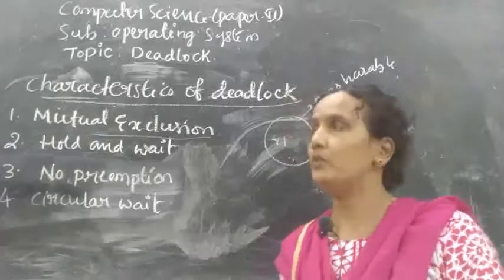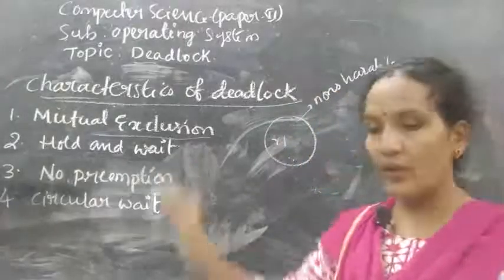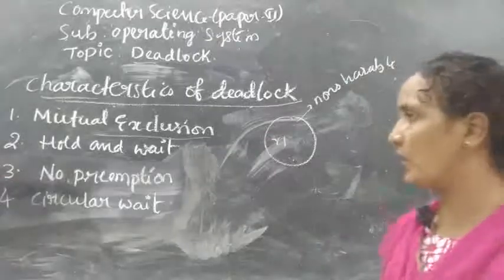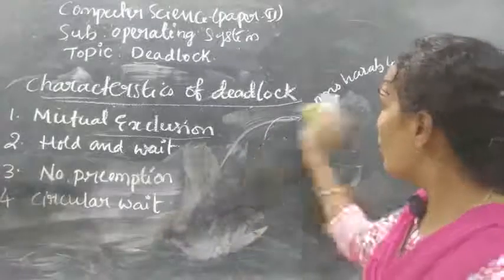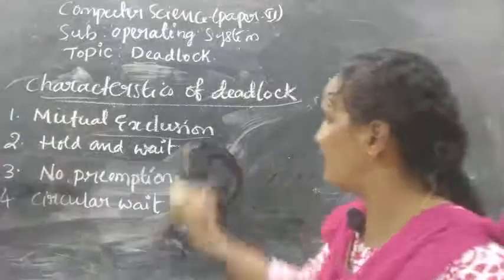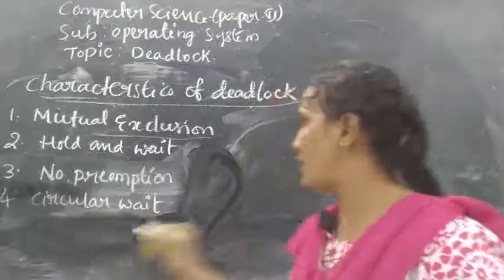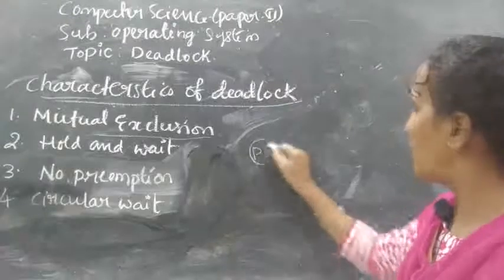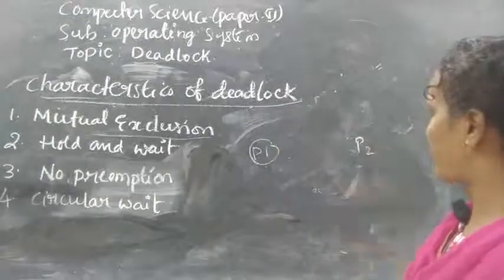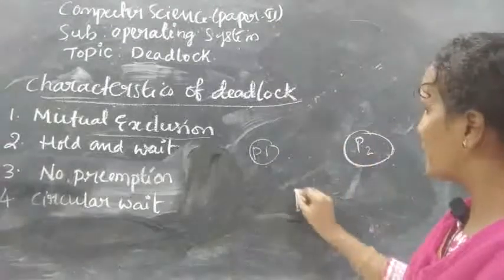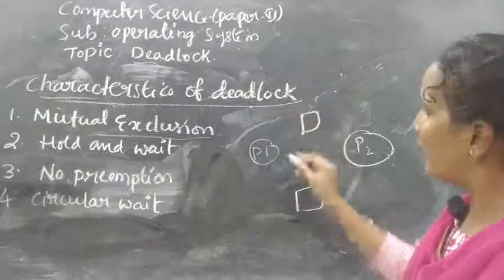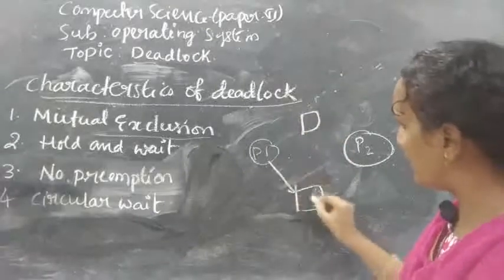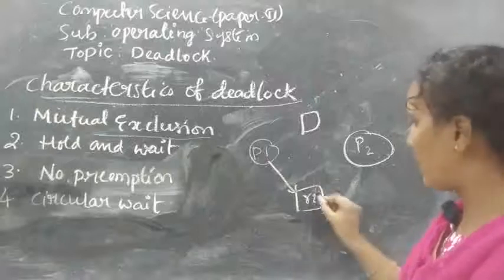Clear? Now come to hold and wait. Actually, what is hold and wait? Hold and wait means, just now I have explained the deadlock situation where, for example, process 1 and process 2 are there, and the resources are there. P1 is requesting R2.